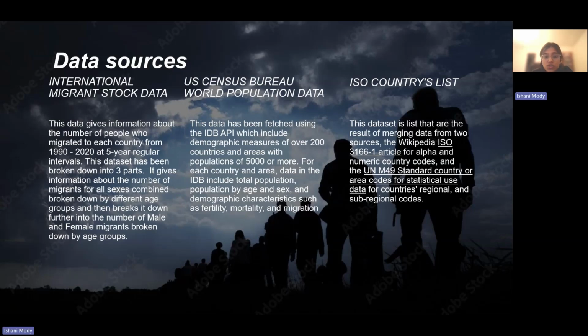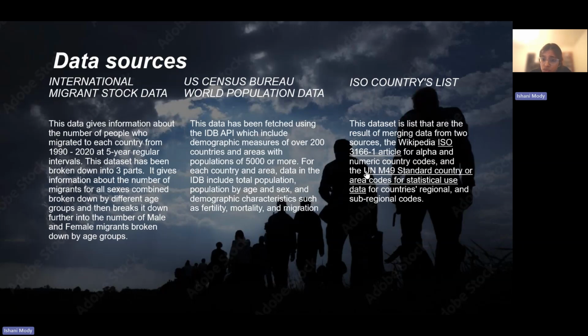The second one is US Census Bureau World Population Data. This data has been fetched using the IDB API, which has demographic measures of 200 countries with population more than 5,000. In this, each country and area has data on total population, population by age and sex, and demographic characteristics like fertility, mortality, and migration. The third one is the ISO country list. This is a combination of two data sets.